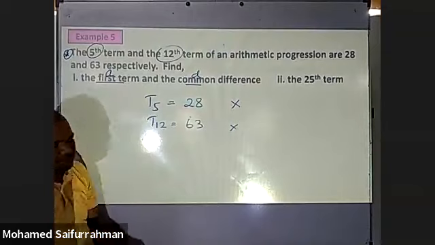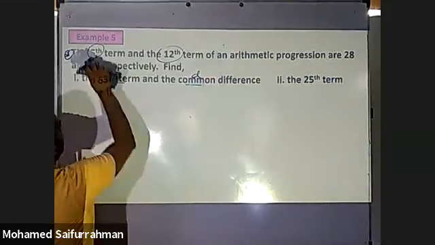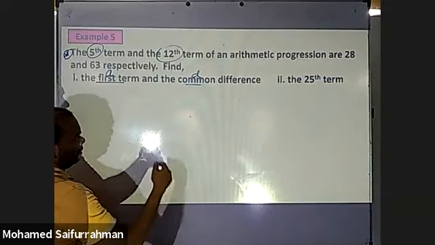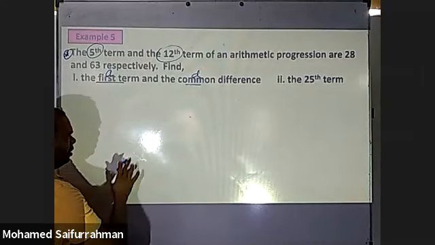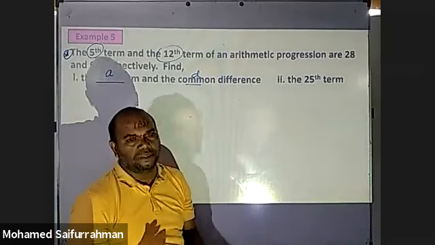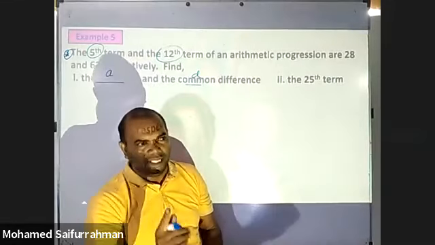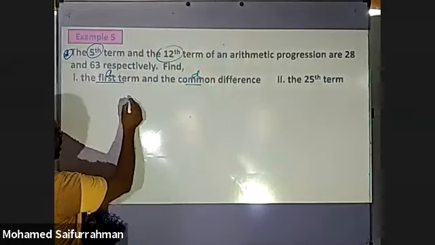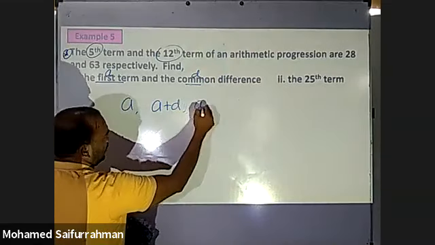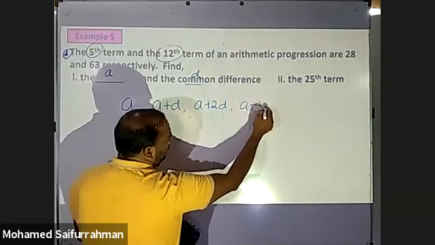So therefore, when we are writing this information, fifth term and 12th term, can you remember what we discussed just before: the general form of an arithmetic progression whose first term is a and the common difference is d is written as a, a + d, a + 2d, a + 3d.